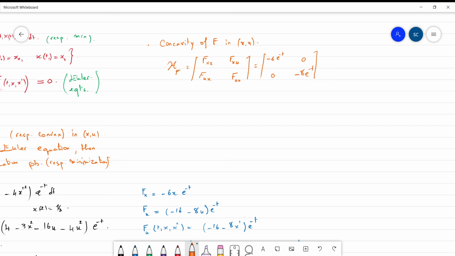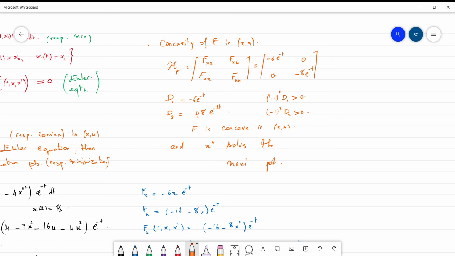We have d1 equal to minus 6 e^(-t). Multiplying, the determinant is 48 e^(-2t). So minus d1 is positive and d2 is positive, so f is concave in (x, u), and x star solves the maximization problem.